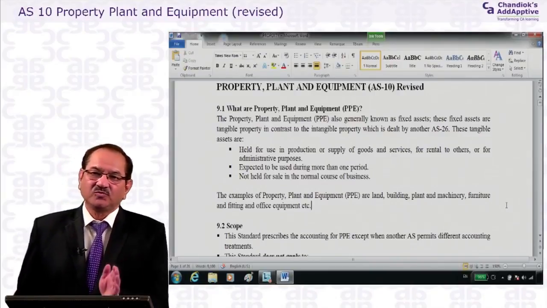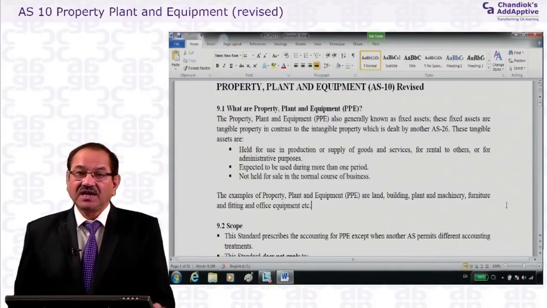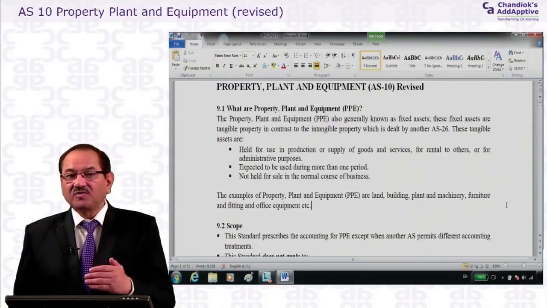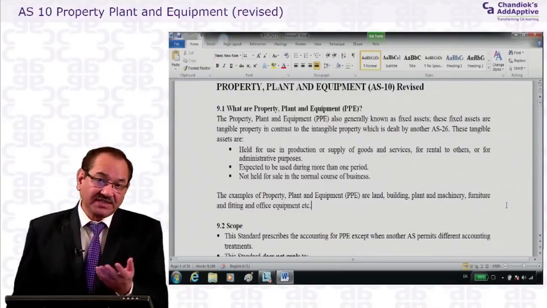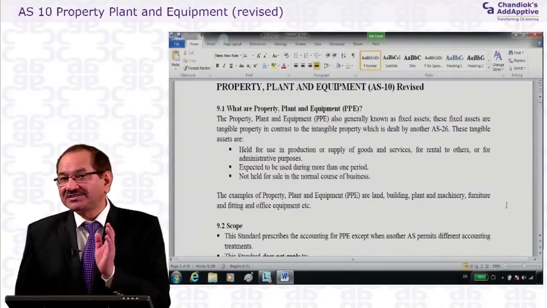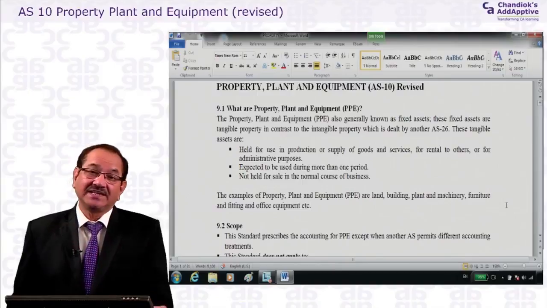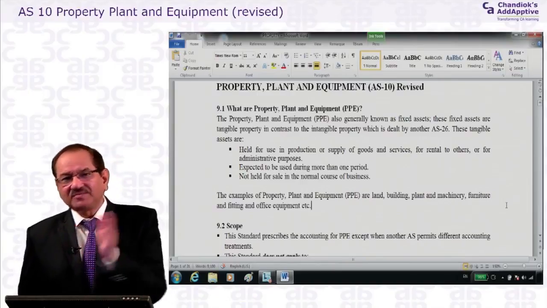In fact, when you are reading and studying this AS 10, you are studying nothing but Ind AS 16 and its IFRS. So you will feel a little bit of change.